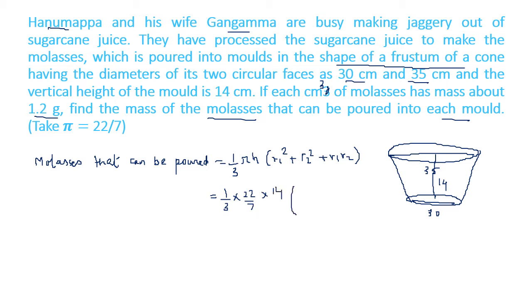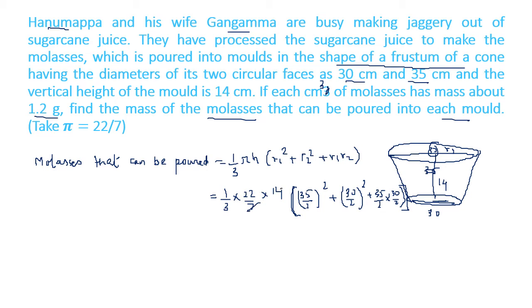Now R1 square, the diameter is 35, so the radius is 35 by 2, so 35 by 2 the whole square, plus R2, the diameter is 30, so 30 by 2 the whole square, plus 35 by 2 into 30 by 2.